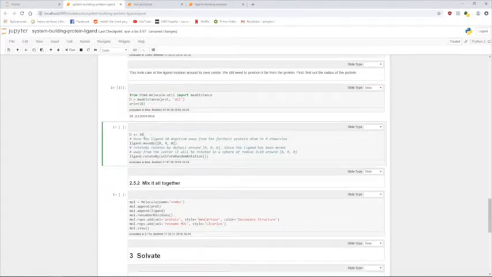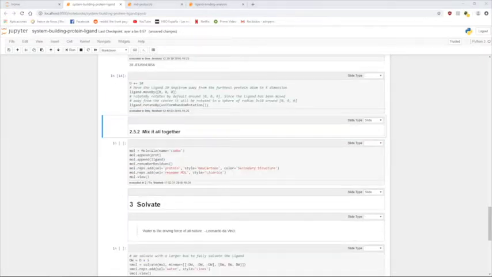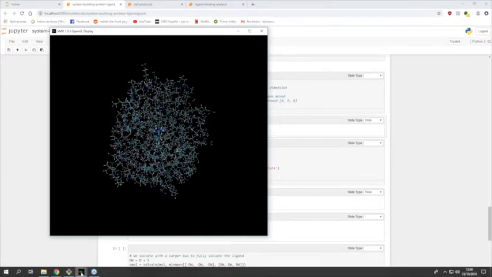We'll add 10 Angstroms to this distance, and we'll move our ligand using this method inside the molecule object to move the ligand further away from the protein. So we'll perform this step, and this is what it would look like.